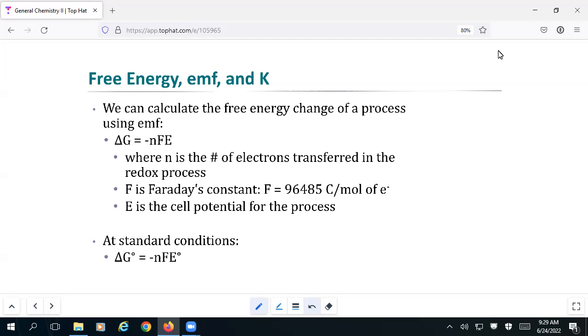F being Faraday's constant, 96,485 coulombs per mole of electrons. This gives us a definitive charge per mole of electrons. And so if I multiply N and F together, that gives me that value of Q that we were looking at in the previous problem.